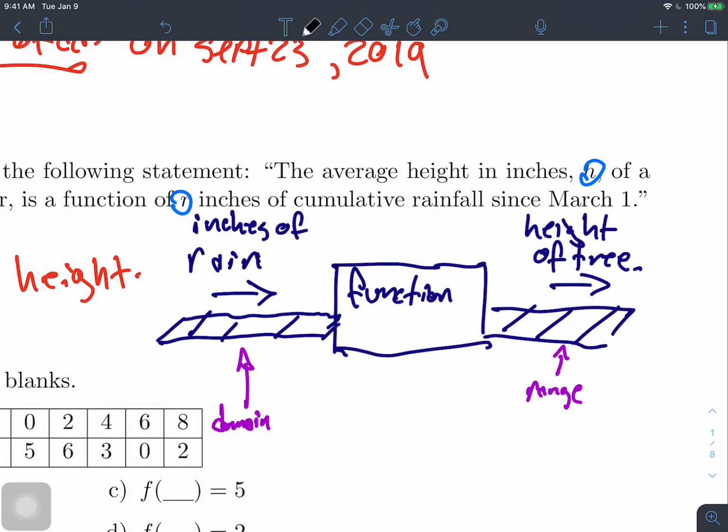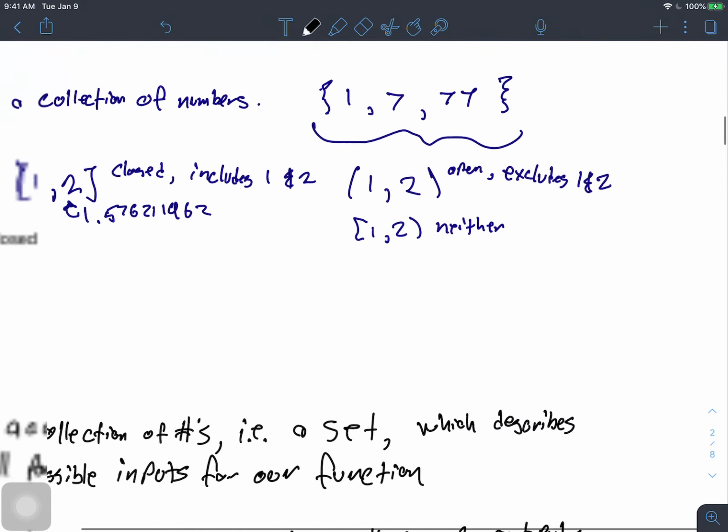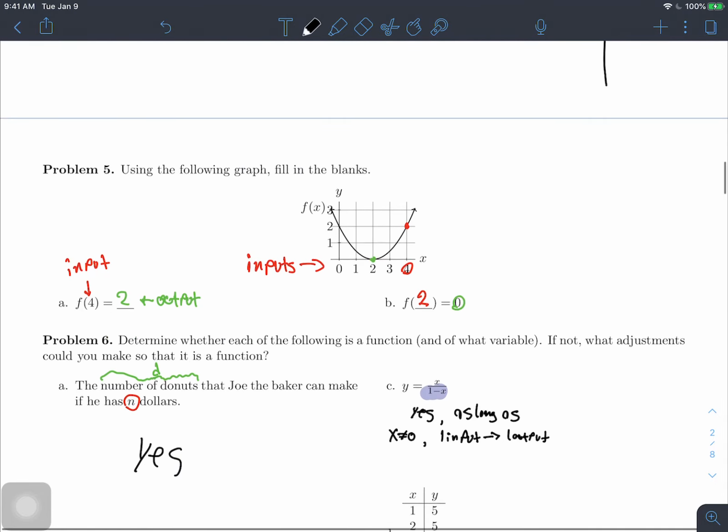What is interesting about this function x over 1 minus x is that the number 1 is not in the domain. That is to say, I can't put the number 1 on my conveyor belt and send it into the function. If I try to do that, the whole box is going to explode. So I cannot put 1 into this function. It's not in the domain, but otherwise, it's a perfectly acceptable function.